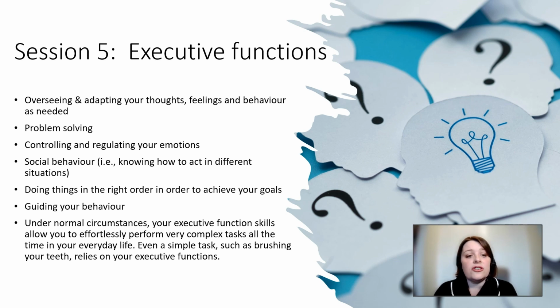How executive functions help us with problem solving, controlling and regulating our emotions, and help us with our social behaviour, so knowing how to act in different situations. We talked about how executive functions help us to do things in the right order and achieve our goals, such as making a recipe. We talked about how they guide our behaviour, and that there are lots of complex functions that our executive functions oversee.